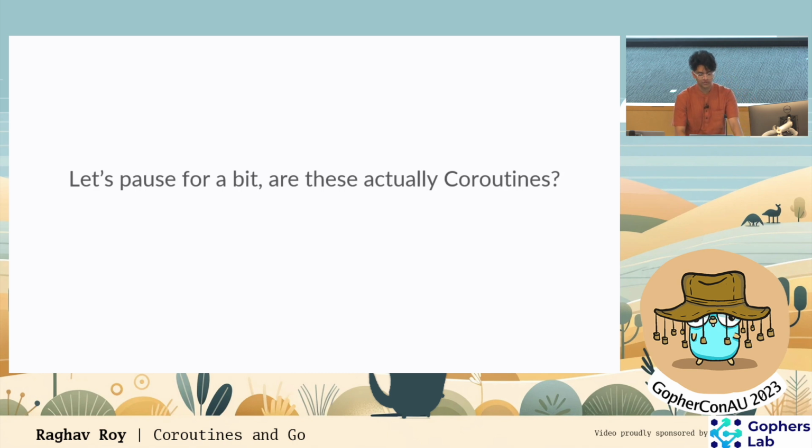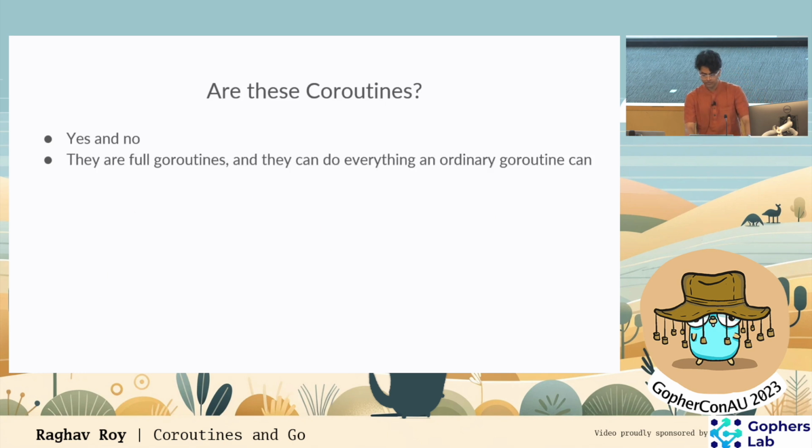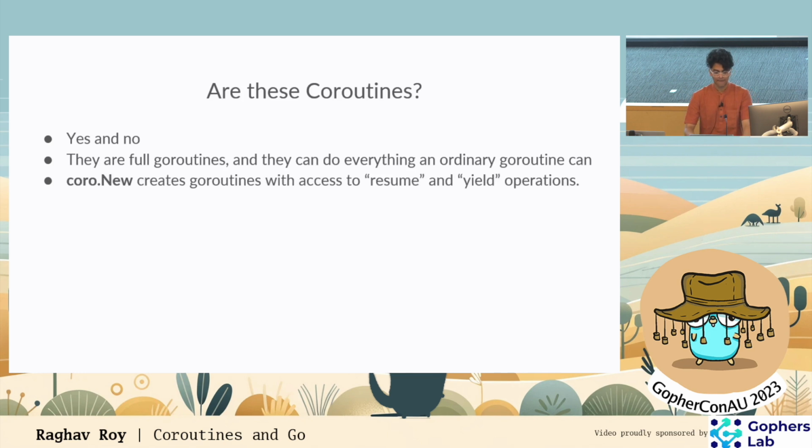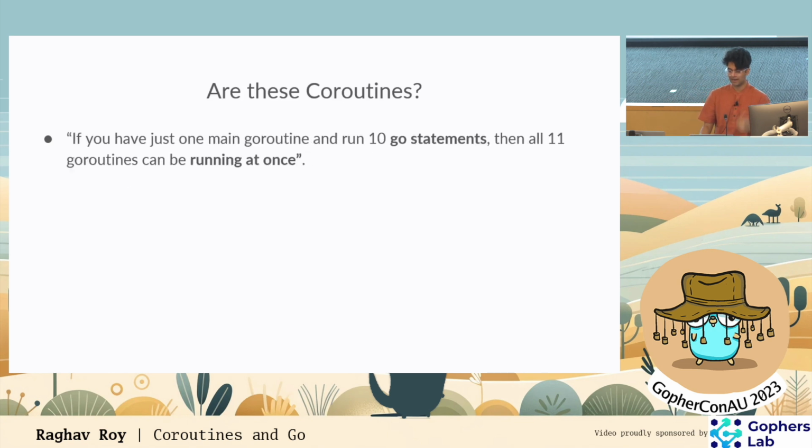So let's pause for a little bit. Are these actually coroutines? Well, yes and no. They're full Go routines, and they can do everything an ordinary Go routine can. CoroNew is creating Go routines with this resume and yield operation, which is just passing control back and forth between the coroutine and its caller. And unlike the Go statement, we are adding new concurrency to the program without the parallelism.